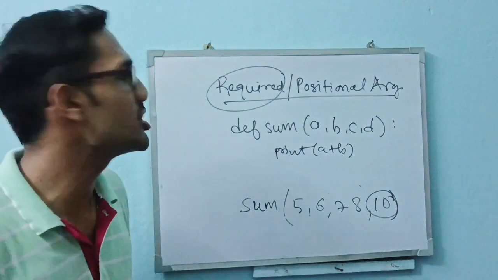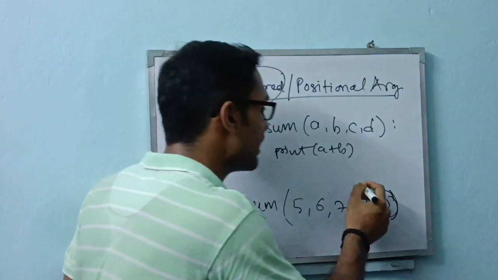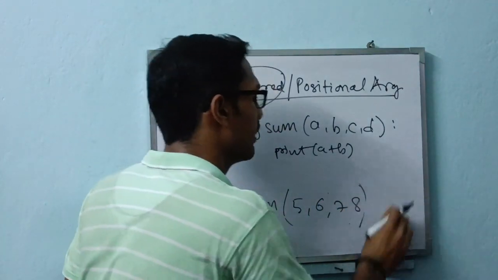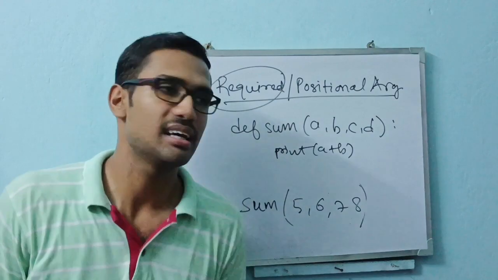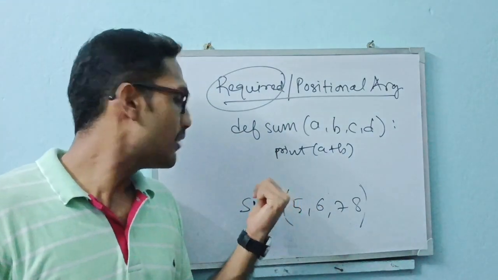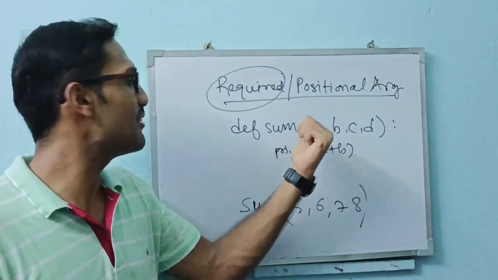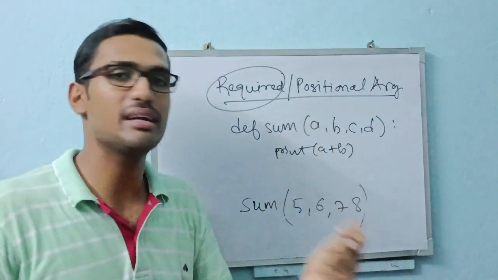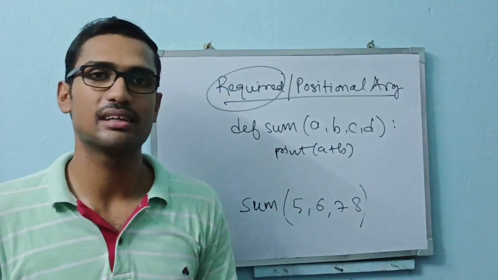Now what is position? The term position means that the values of the arguments match the parameters position-wise or order-wise. What does it mean?